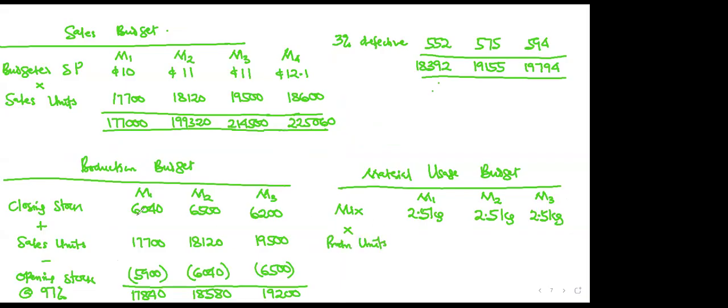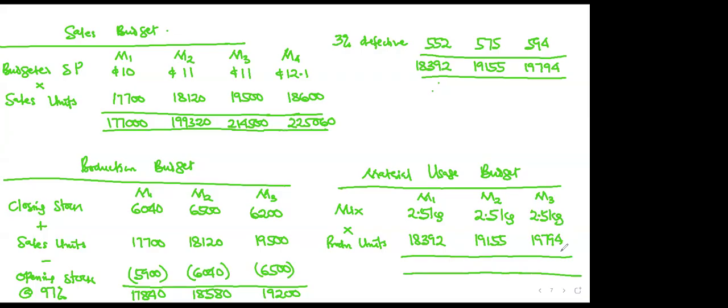So from the production budget, what are the production units? 18,392, 19,155, and then 19,794. Is everybody following? So this will give us our material usage.